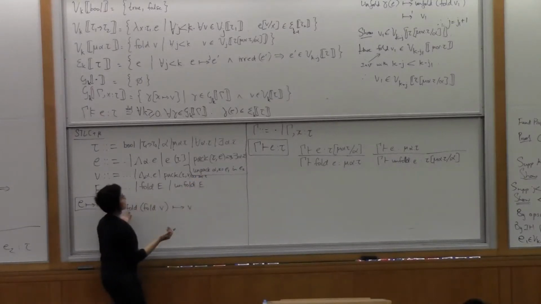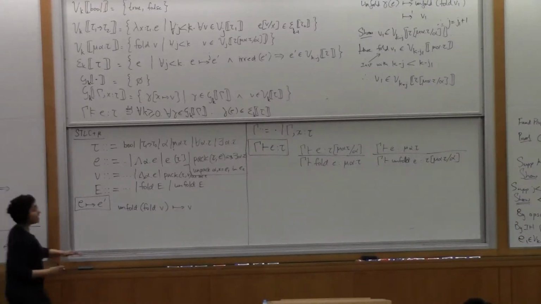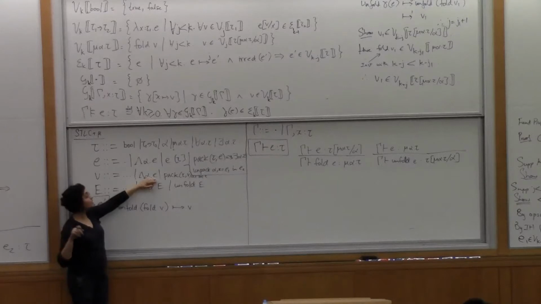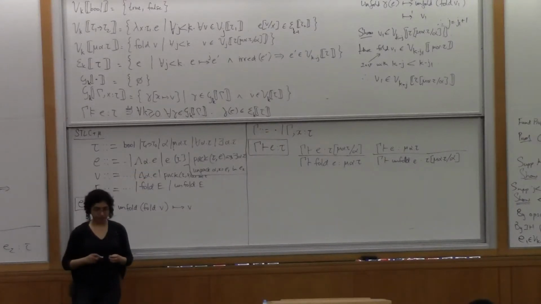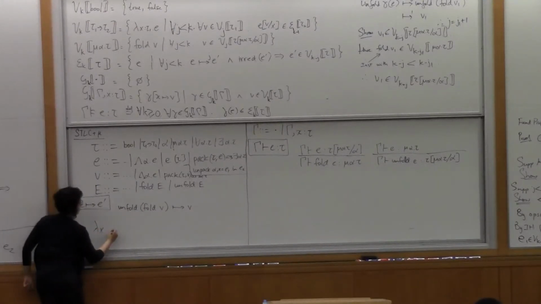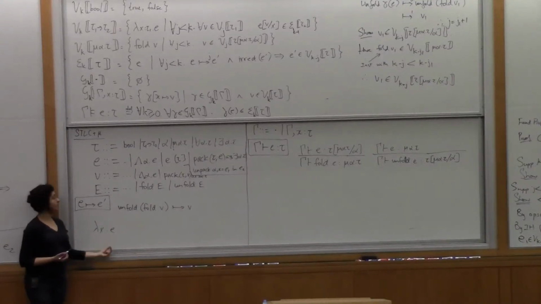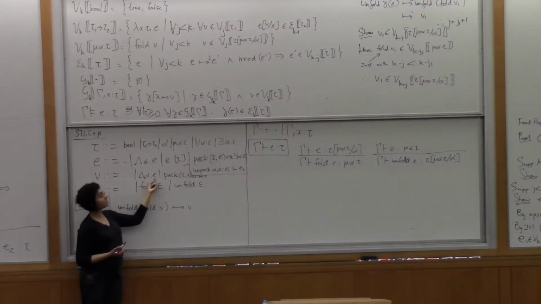I'm going to start writing pack tau v from now on and leave out the exists alpha tau. Lambda alpha e, very good. Thanks. Okay, so lambda alpha e is a value form, because it behaves like a regular lambda, lambda x dot e, in the sense that it suspends the computation that's under the lambda. Just like the term level lambda suspends the computation under it, the type level lambda suspends the computation under it. So it's a value form. Okay?